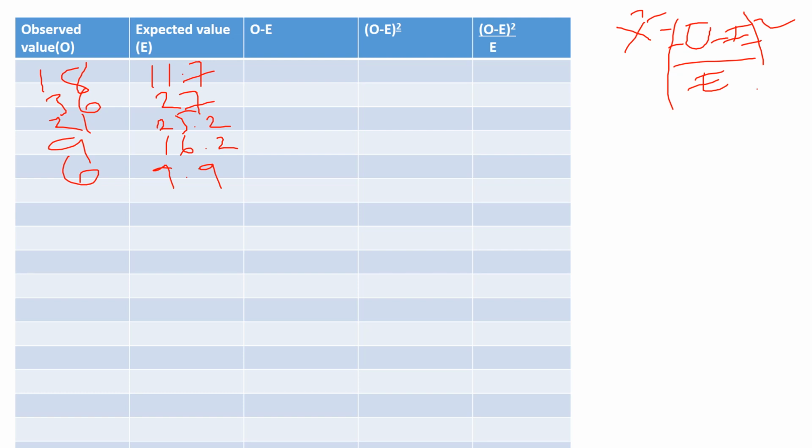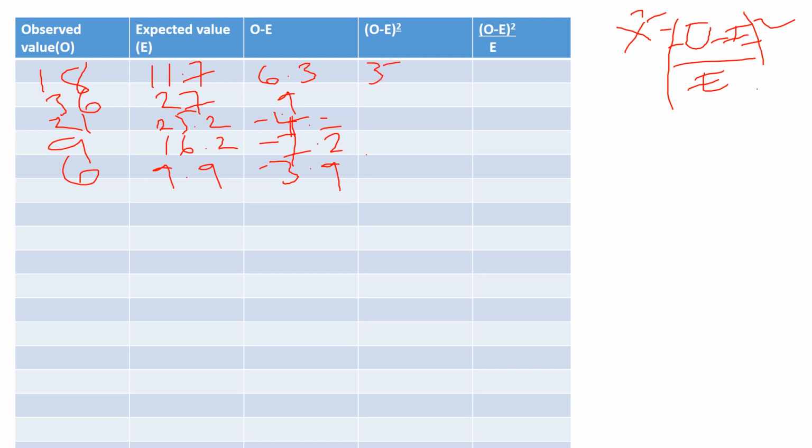In this case, when we get 18 minus 11.7, we get 6.3, and then 36 minus 27, we get 9, and then here we have negative 4.2, then negative 7.2, and then negative 3.9.